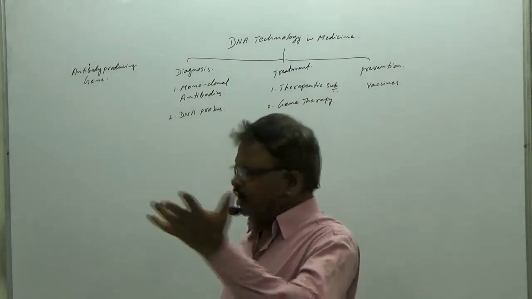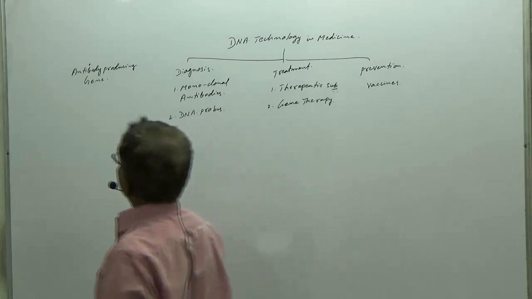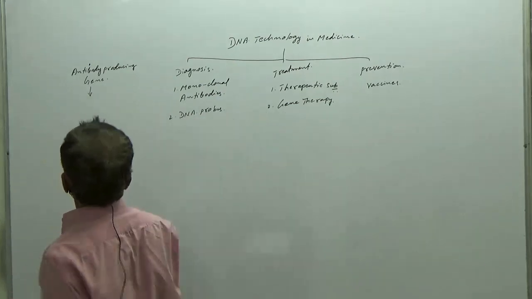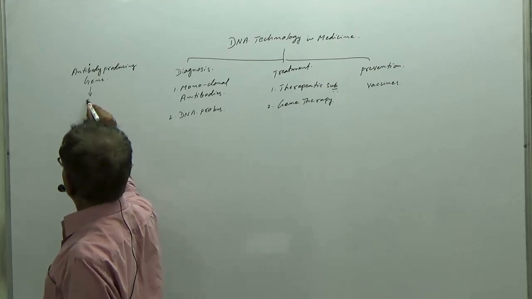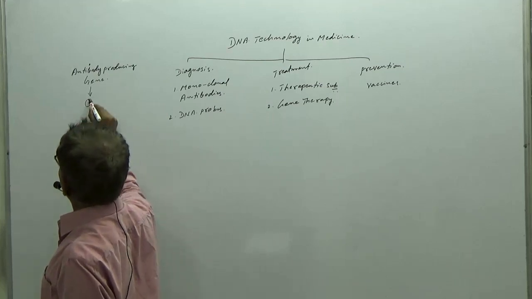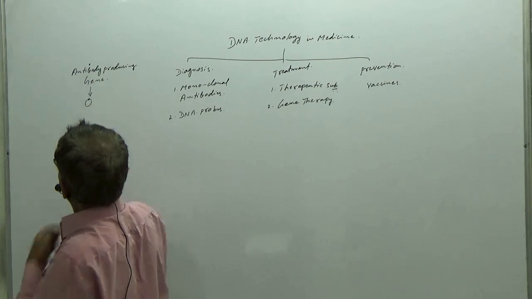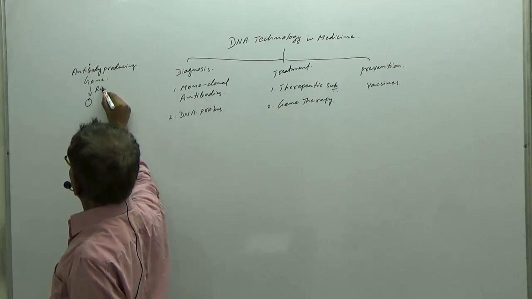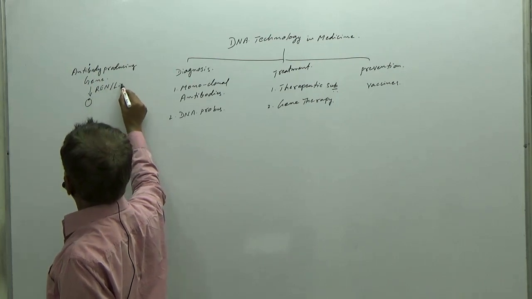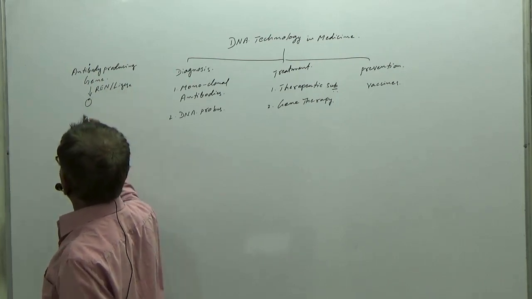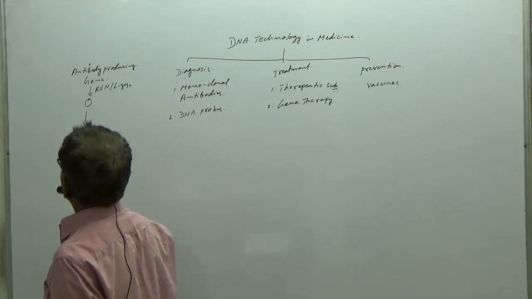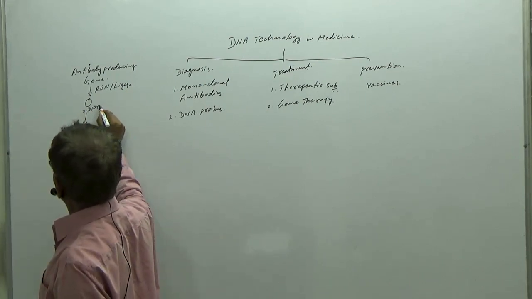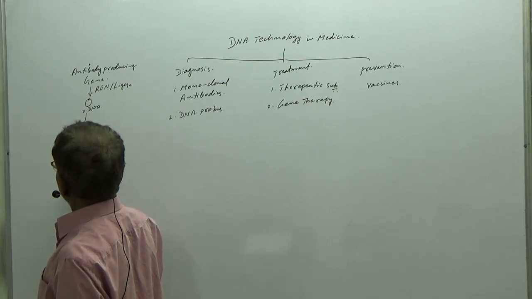Then after extracting the antibody producing gene, the same process follows. They select a vector, then insert that antibody producing gene by using restriction endonuclease and ligase. Then finally they insert this rDNA into E. coli.